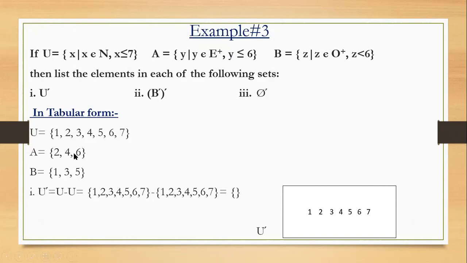Why is 6 included? Because Y is less than equal to 6. Now what about B? Z such that Z belongs to positive odd, Z is less than 6. Now we get the answer 1, 3, 5. Okay, less than 6. We get 1, 3, 5.